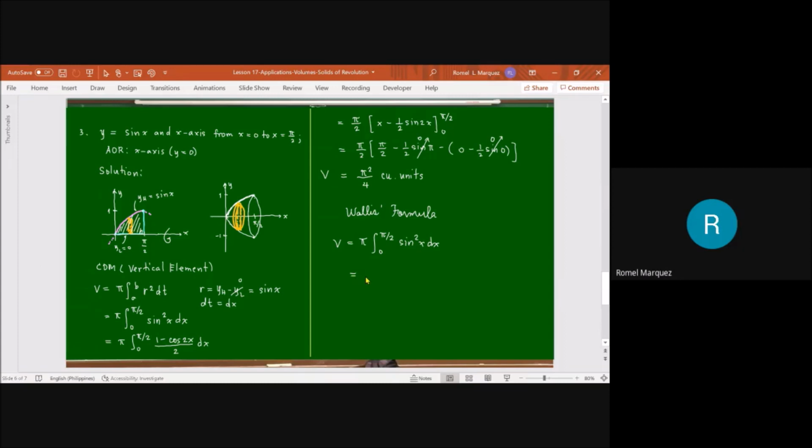And this is equal to pi times, in the numerator, 1 over 2 times pi over 2, giving pi squared over 4 cubic units. We get the same answer. Okay?